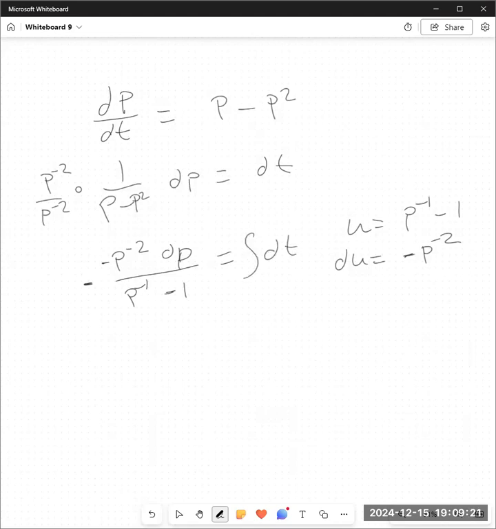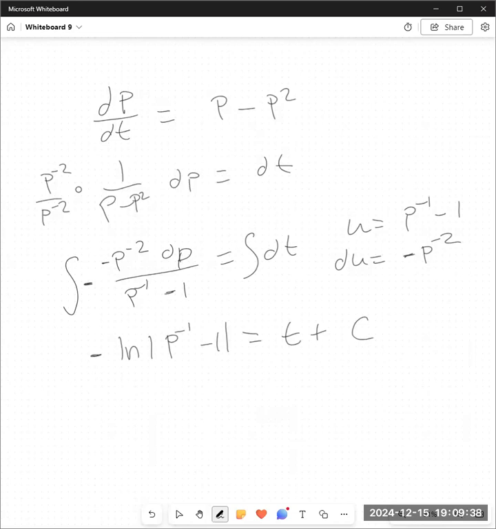We're going to integrate both sides like that. So this is going to be a negative ln of p to the negative first minus 1 is equal to t plus c.